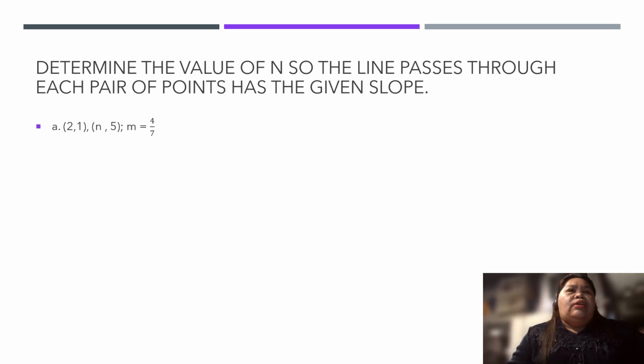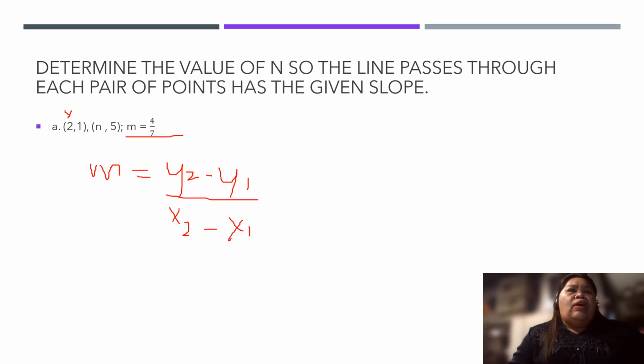Given here, we have x sub 1, and x sub 2 is missing, and the y sub 1 is 5, where our slope is 4 over 7. From the formula, m equals y sub 2 minus y sub 1 over x sub 2 minus x sub 1.